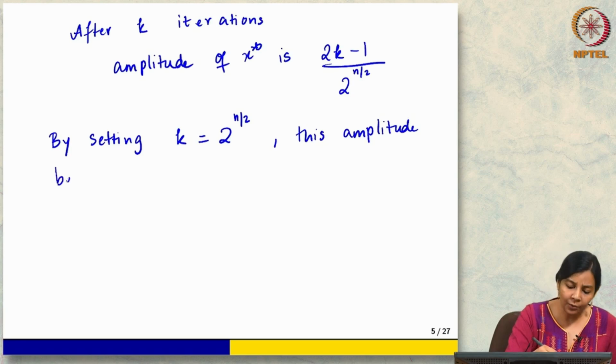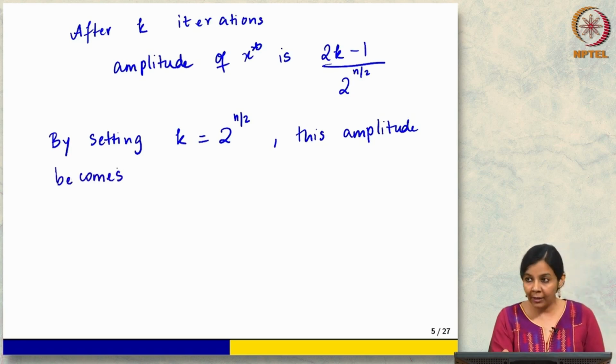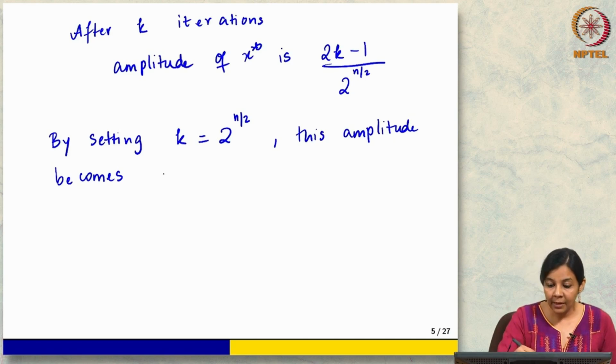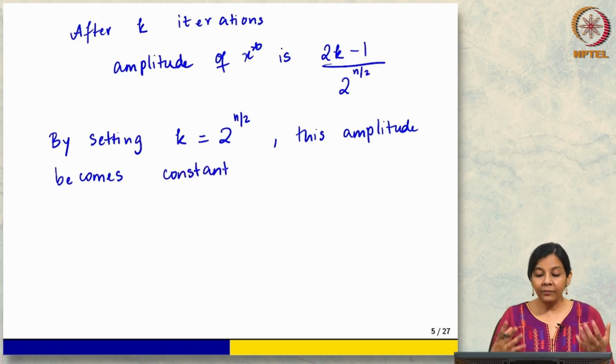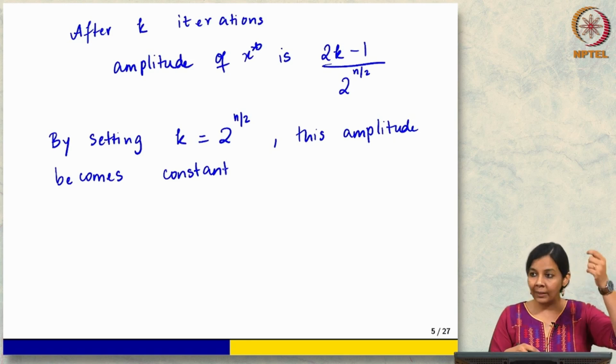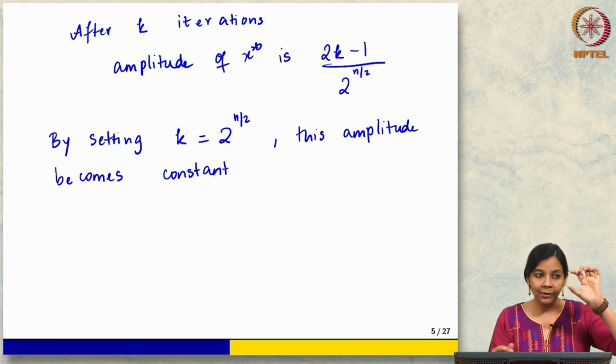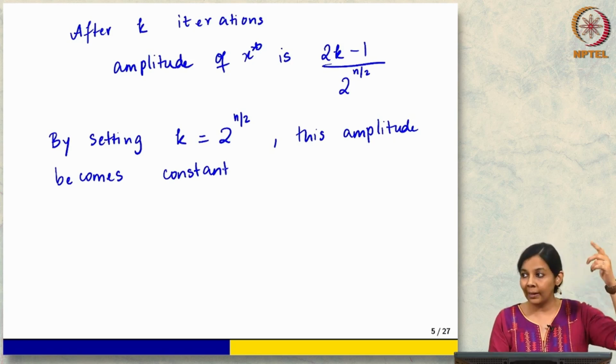So, right now we are only looking at the idea of the algorithm. We will do a more careful analysis in a little bit, okay. But the point is that, at least intuitively from the geometric interpretation of the problem, we can see that essentially we keep doing this, right, and the amplitude of x star alone keeps growing, okay.